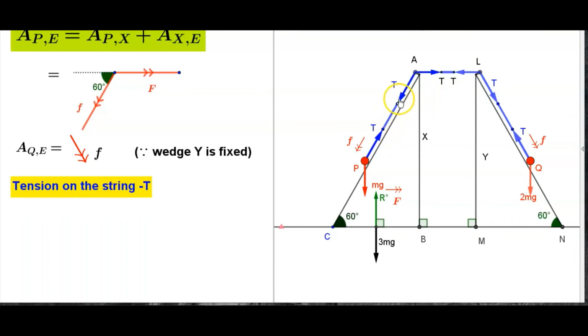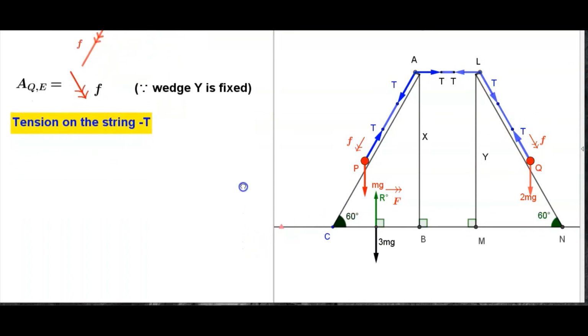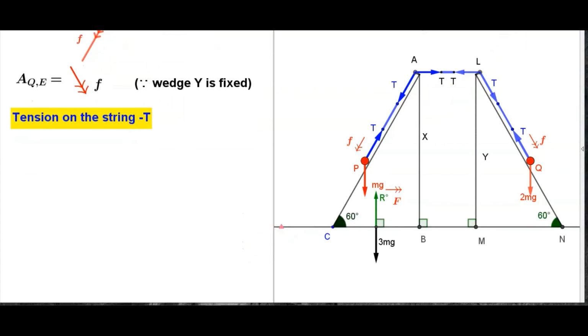Here T, here T, here T, here also T, here T, and here also put T. The reaction on particle P is R in this direction, perpendicular to this inclined plane.